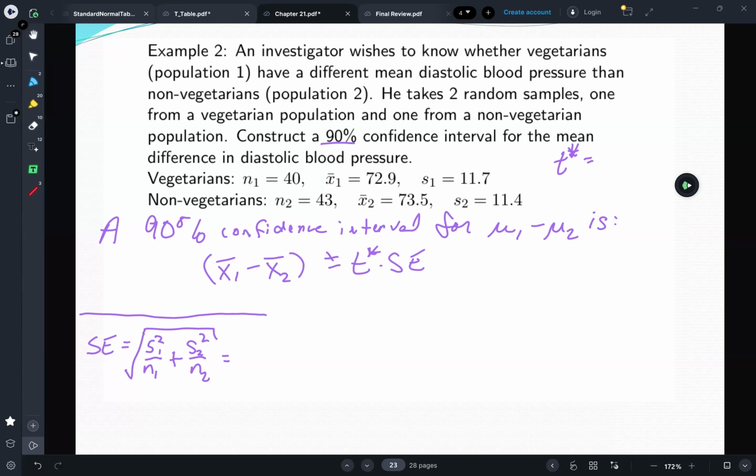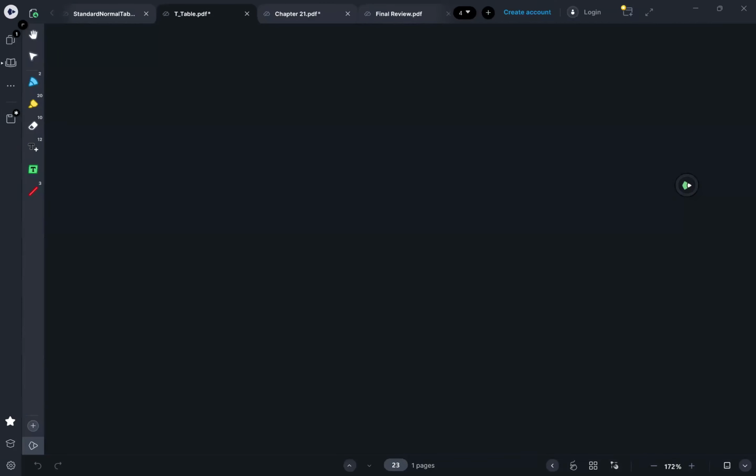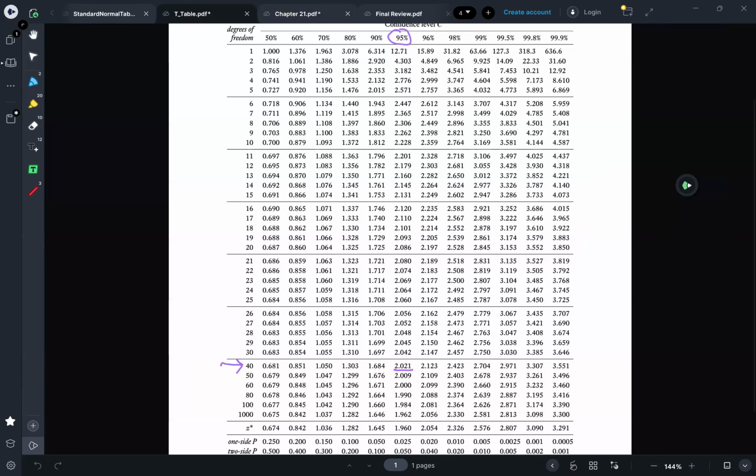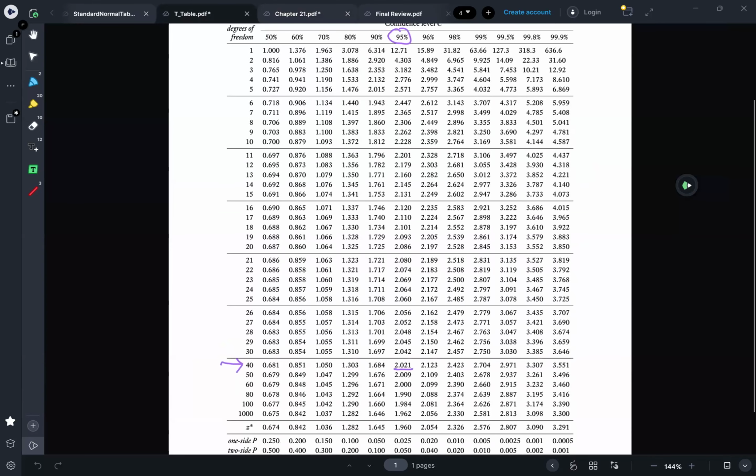Yeah, 39, right? 39 degrees of freedom. So we would take 40 subtract 1, which gives us 39 degrees of freedom. Our table, though, doesn't have 39. What should we use?